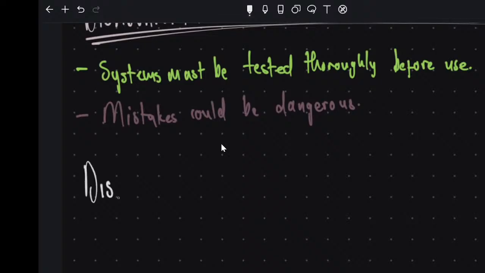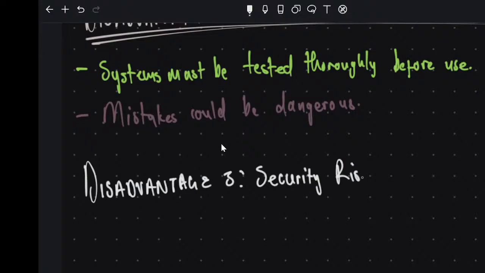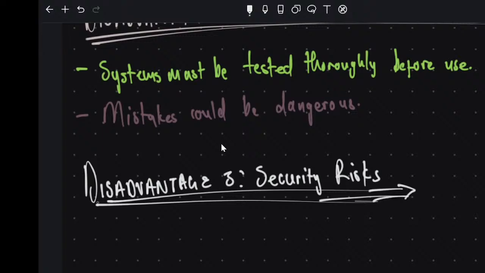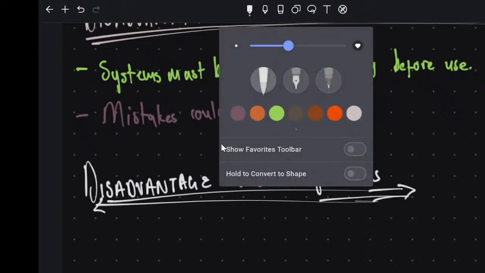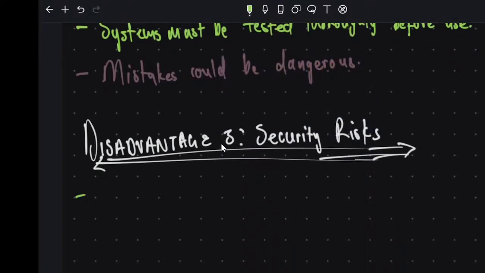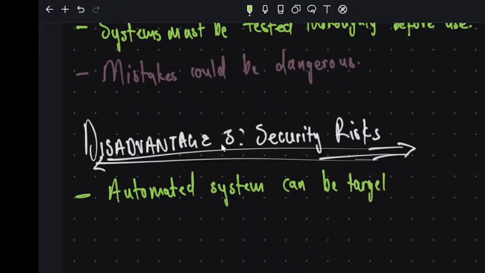Disadvantage number 3. There are security risks. Hackers, students. Be careful now. Automated systems can be targets for cyber attacks.